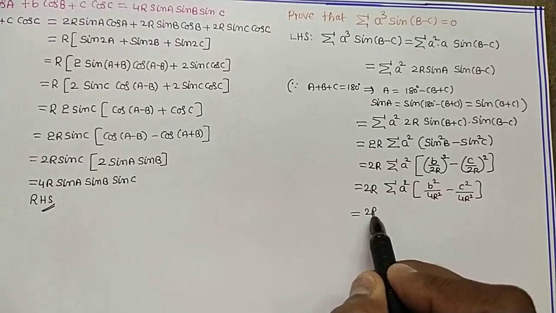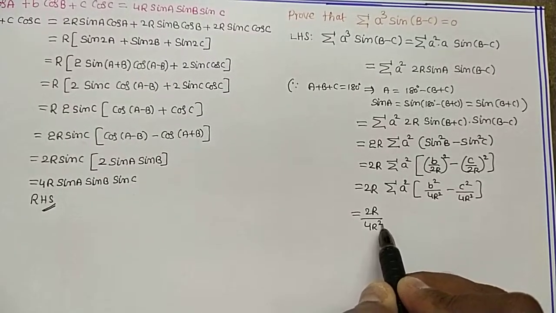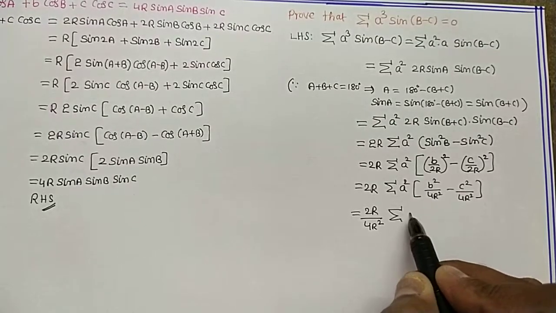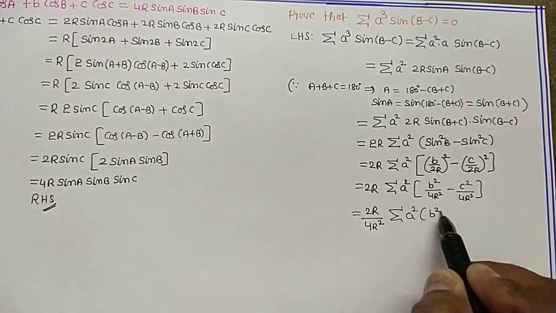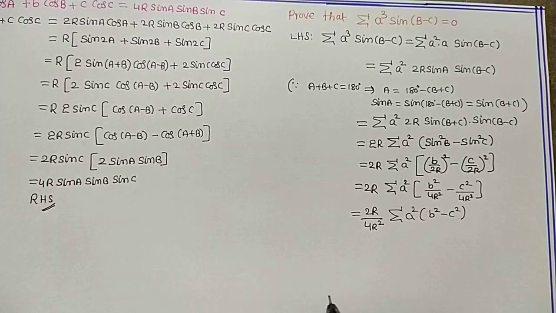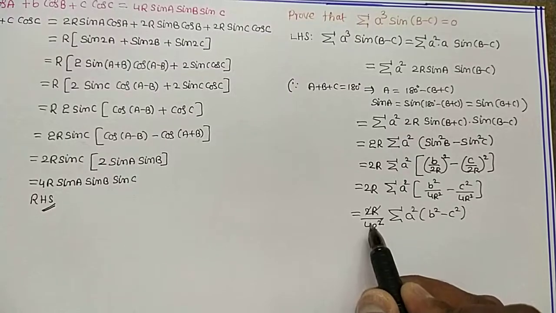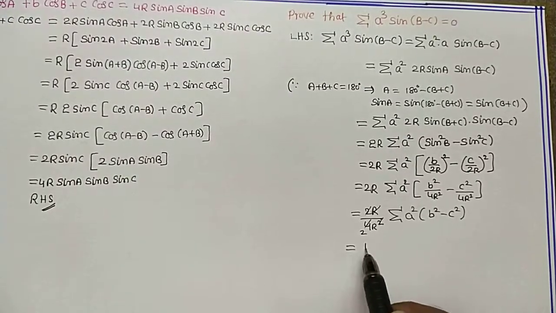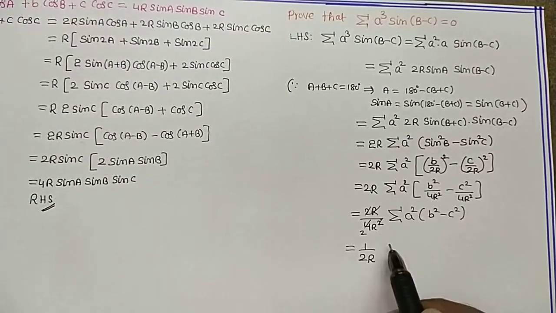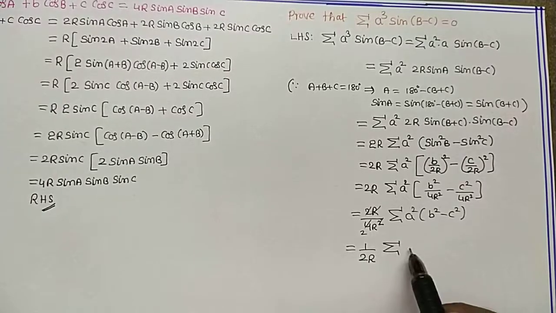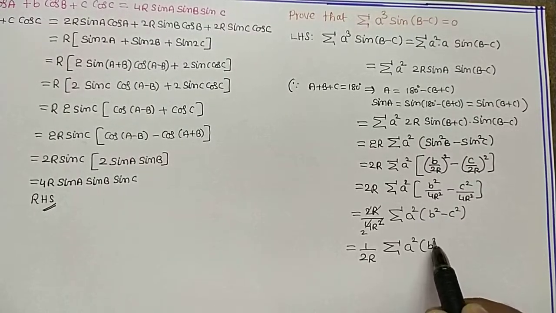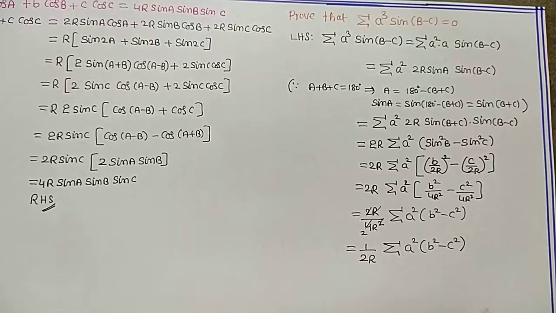It will become as 2R by 4R square into sigma A square into B square minus C square. So after simplifying here, one of the R cancel, 2 1s are 2 2s are, which is equal to 1 by 2R summation or sigma A square into B square minus C square.